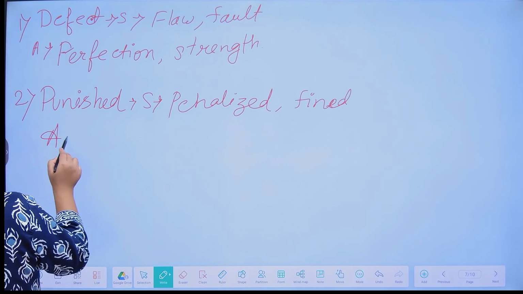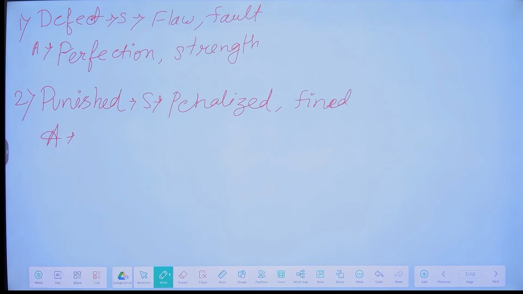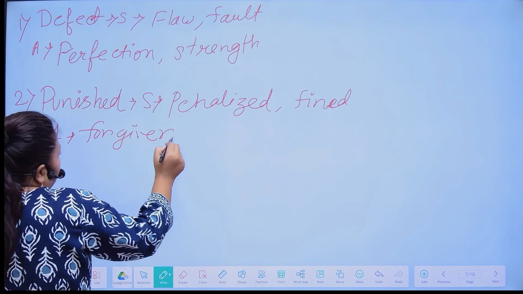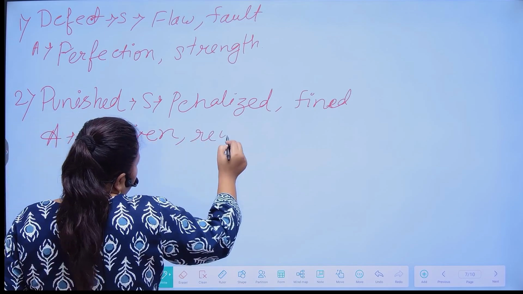Next, the antonyms of punished are forgiven and rewarded.